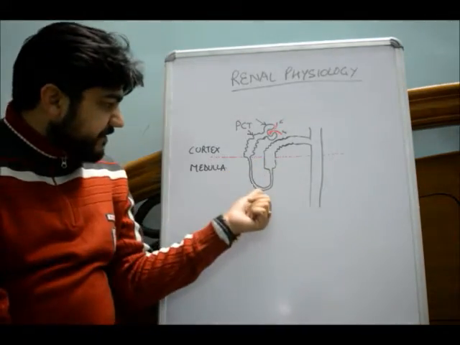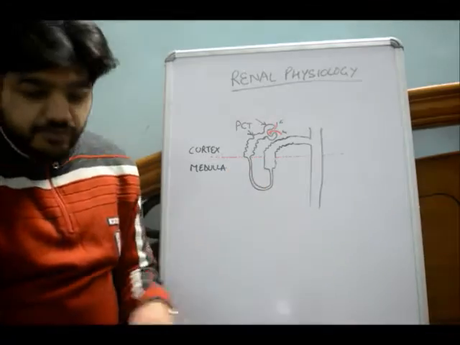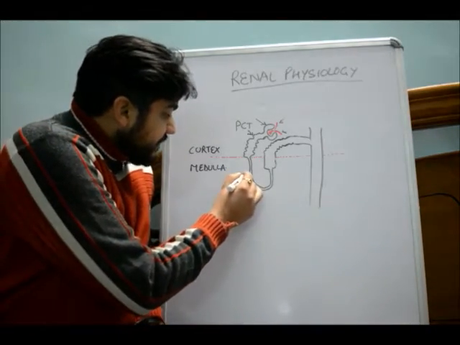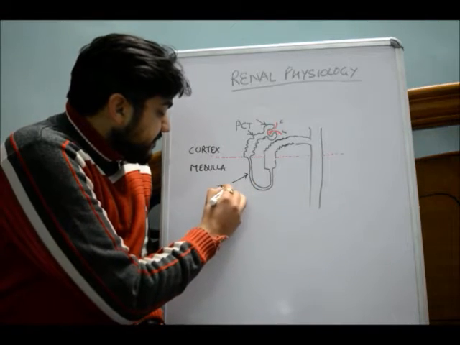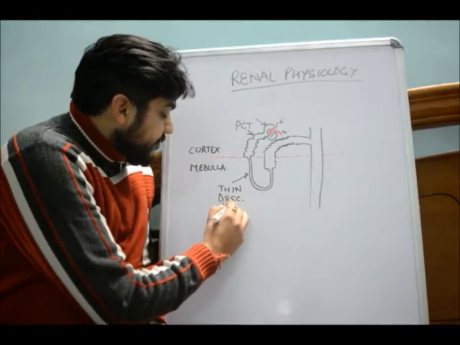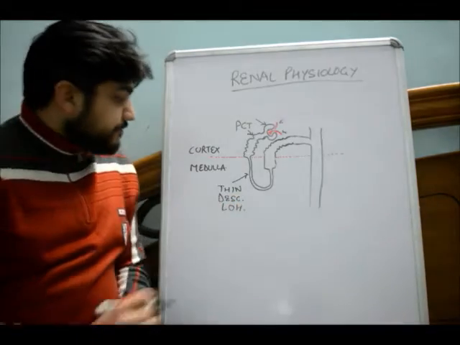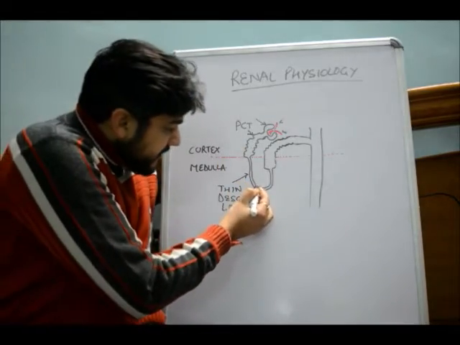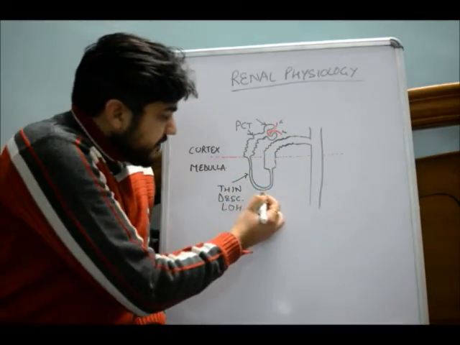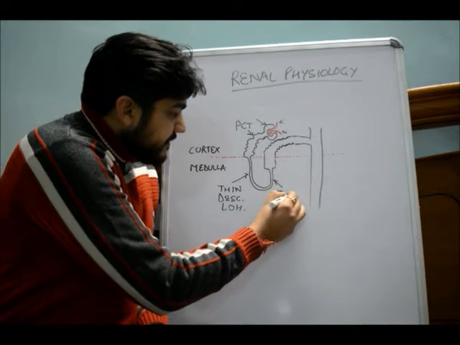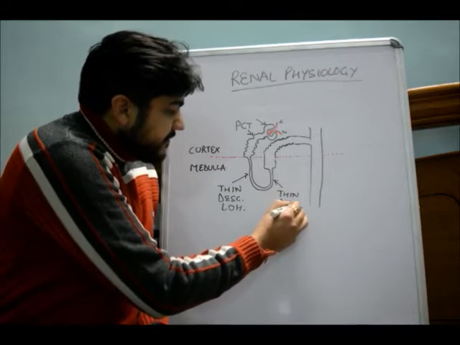This whole arrangement is called the loop of Henle, and the part going down into the medulla is called the thin descending loop of Henle. Then it takes a U-turn and goes up, and starts ascending as the thin ascending loop of Henle.